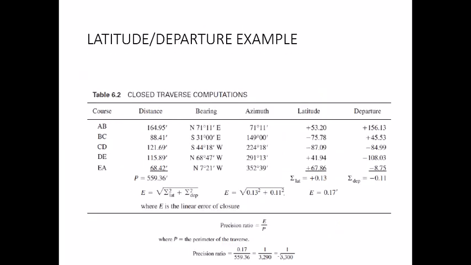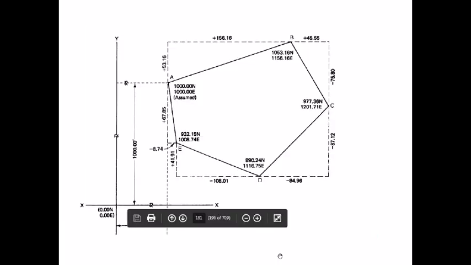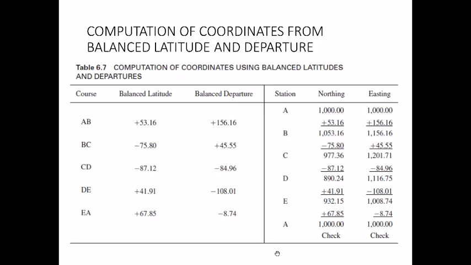So once we have these, now what we need to do is balance the traverse. Before I move on to balancing the traverse, I'll talk about consecutive coordinates or independent coordinates. I'll use this figure. Basically in consecutive coordinates, we use the values of latitudes and departures that we get from our equations directly.